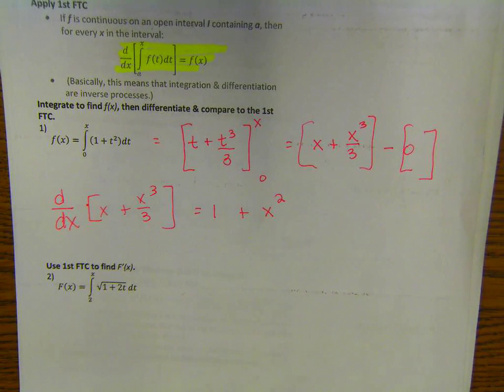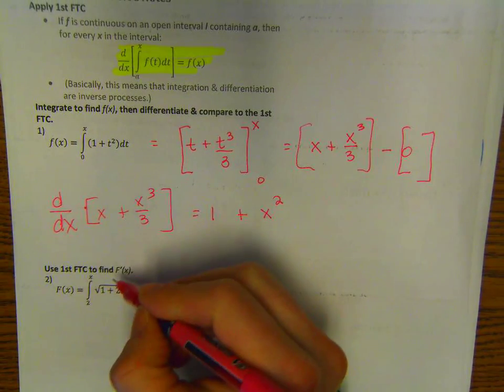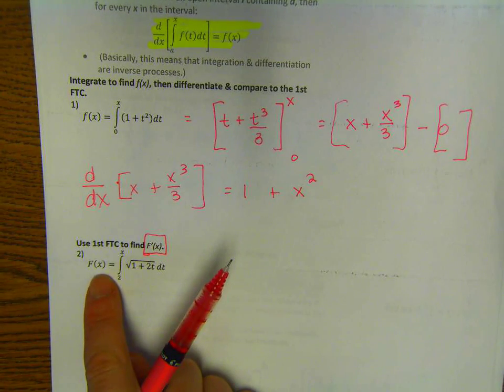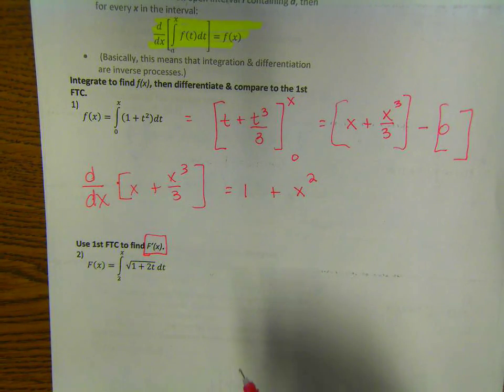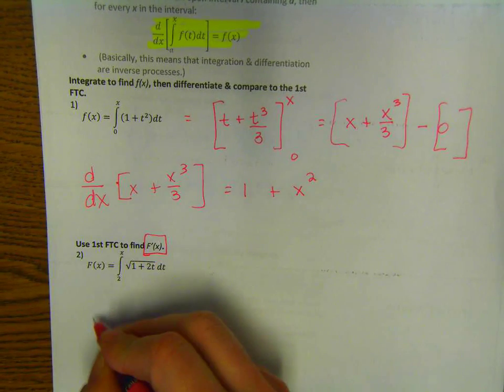It seems so easy, but I don't understand. Okay, so basically, I don't want you to do it the long way, though, okay? You basically want to look at a function. If I said to you, I'm telling you this is the antiderivative, F. I want you to find F prime of x. So I'm going to use the fundamental theorem of calculus.